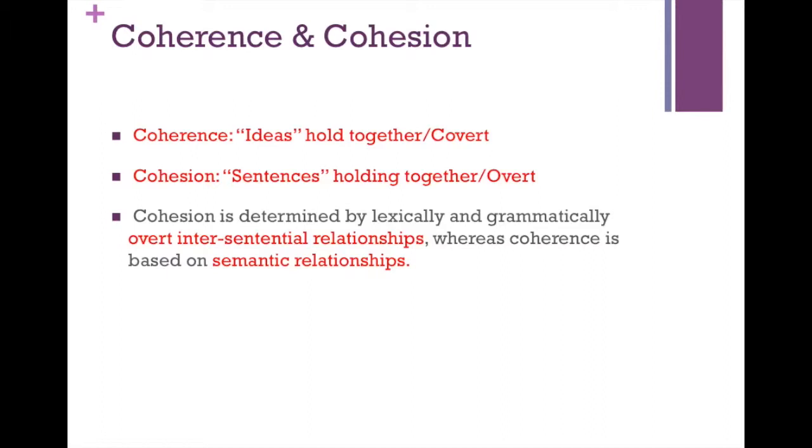However, cohesion is more about surface level issues, which means that sentences hold together. Therefore, these two concepts are slightly different from each other. Cohesion is determined by lexically and grammatically overt intersentential relationships, whereas coherence is based on semantic relationships.